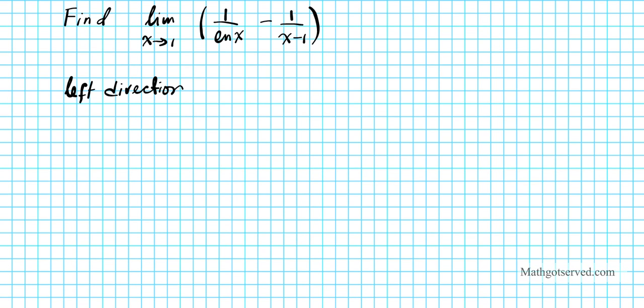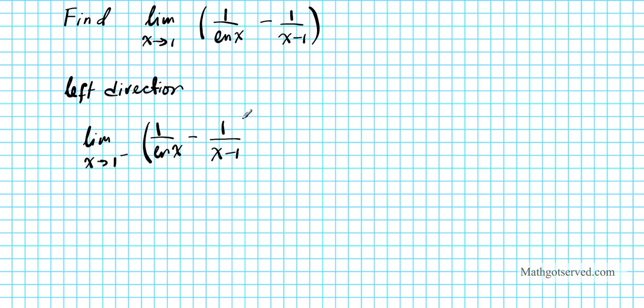For this one, we're going to evaluate the limit as x approaches 1 from the left of 1 over the natural logarithm of x minus 1 over x minus 1.